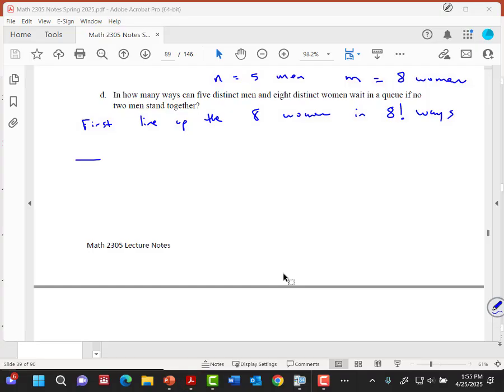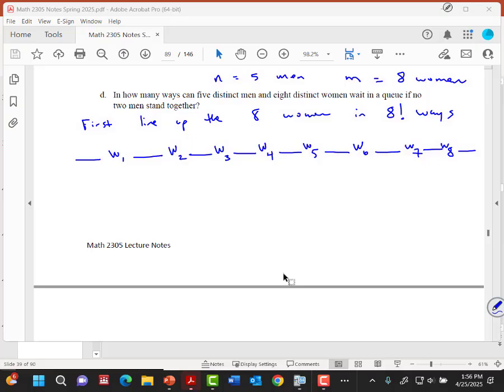I can have a spot W1, a spot W2, W3, etc. So here's the idea. I have these 8 women arranged in 8 factorial ways. We'll compute that 8 factorial in a second.